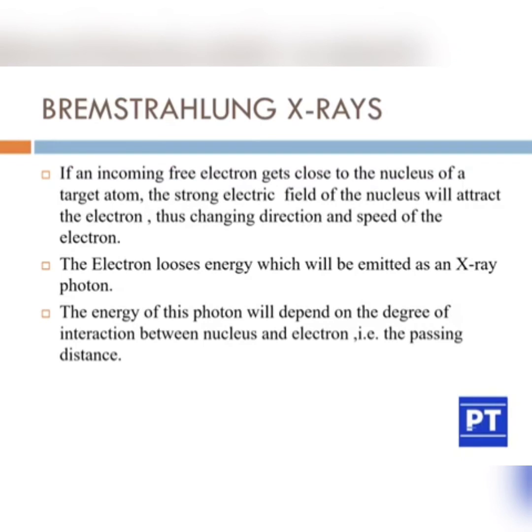When the electron changes its direction, it loses energy, which is emitted as an X-ray photon. The energy of this photon will depend upon the degree of interaction between nucleus and electron, that is the passing distance.